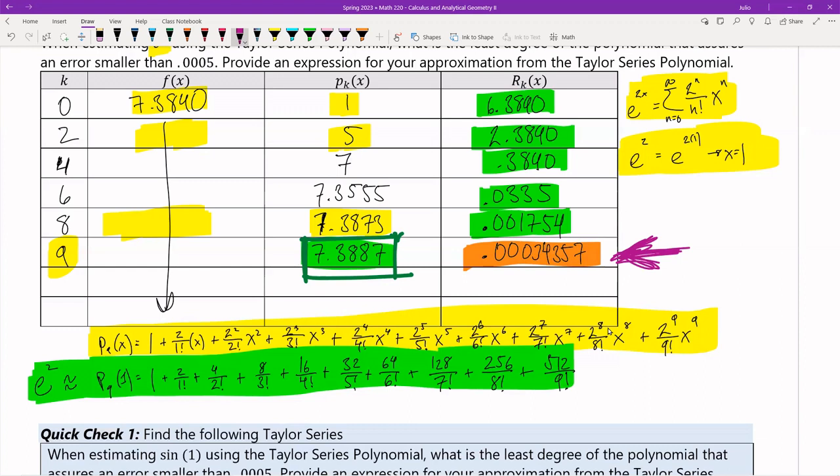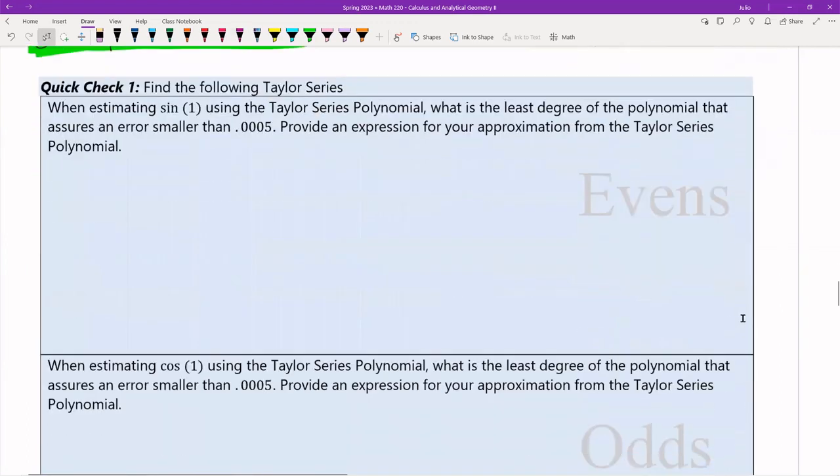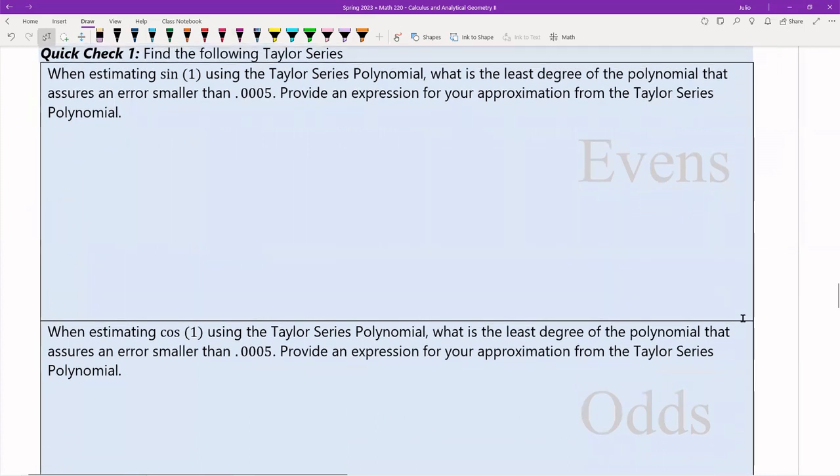Okay. So what I want you guys to do now is continue on with the same examples for the evens and for the odds. The evens found the Taylor series expansion for sine, and the odds found the Taylor series expansion for cosine. I want you guys to go find sine and cosine of 1 and give me the same table that I did up above.